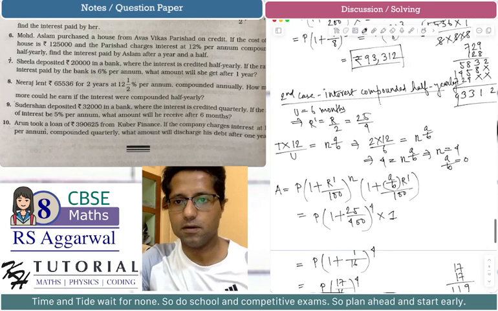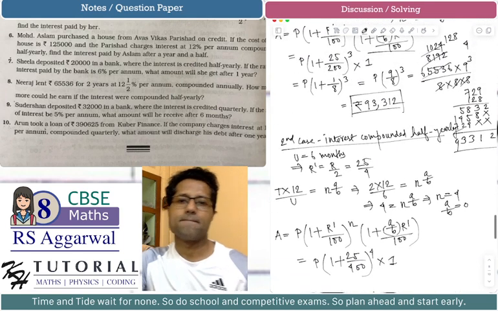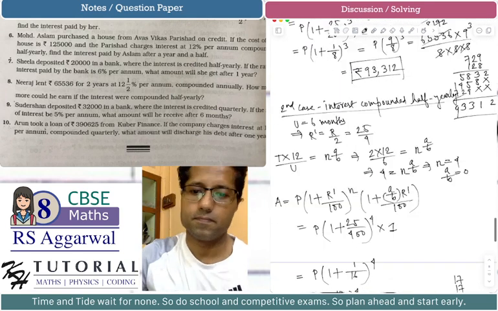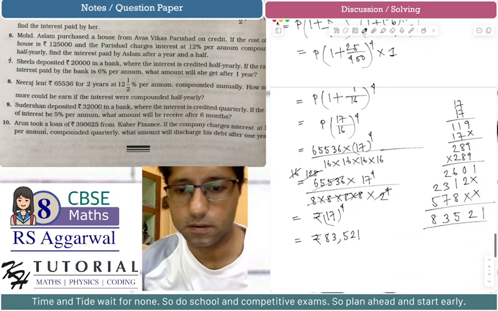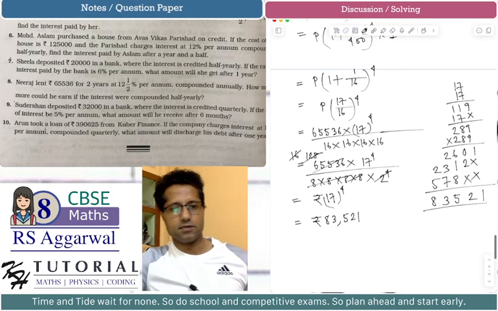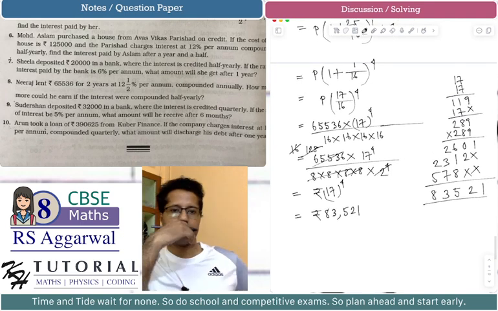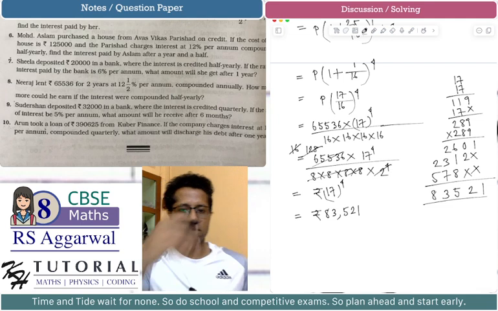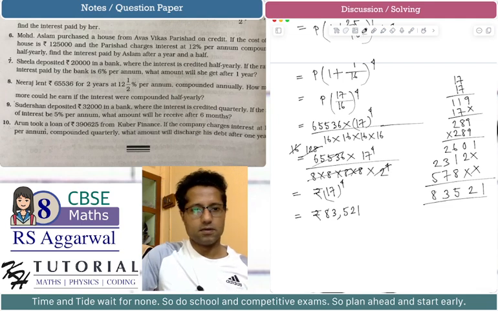Wait, how come the amount for the second case is coming out small? Let's see. The difference: how much more could he earn if the interest were compounded half yearly?